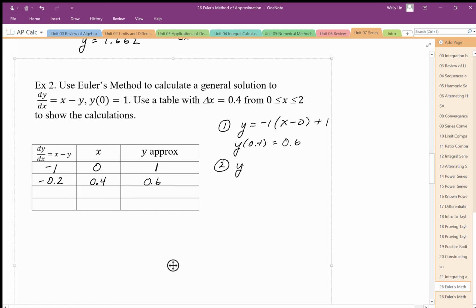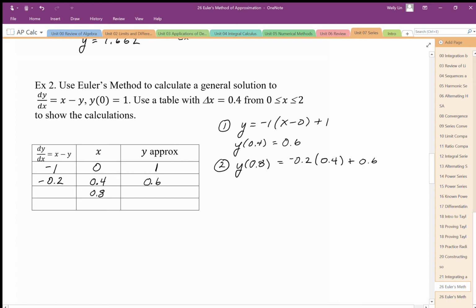I'm going to find the y value at 0.8. My slope is negative 0.2, and my delta x is 0.4, the difference between my new coordinate and my old coordinate. That's that part there, and then plus my old y coordinate.